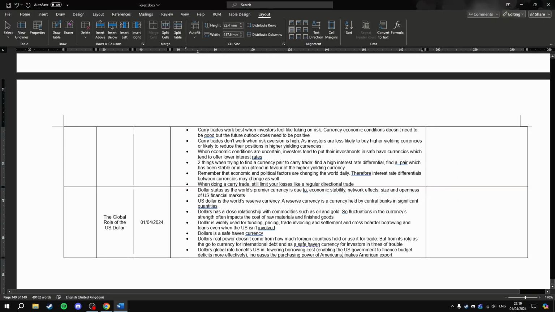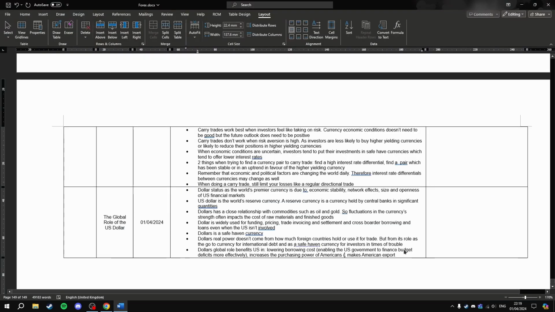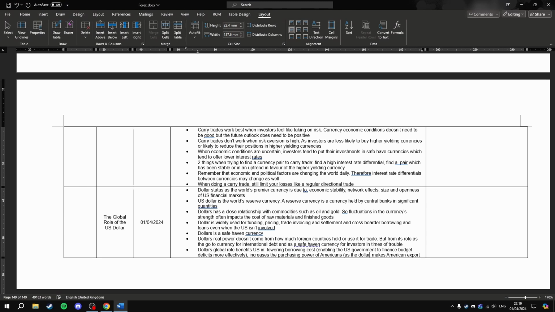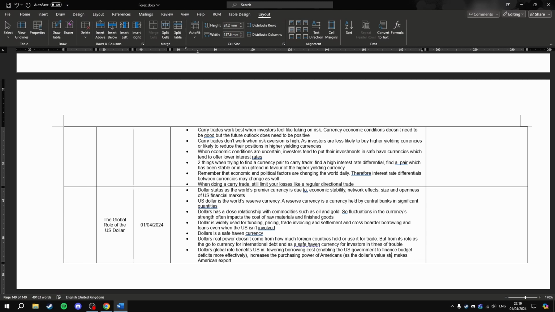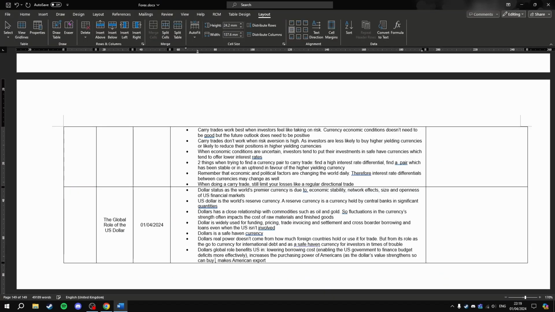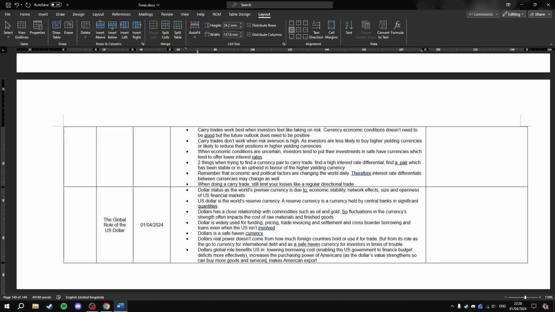It increases the purchasing power of Americans as the dollar's value strengthens, so they can buy more goods and services from other countries.